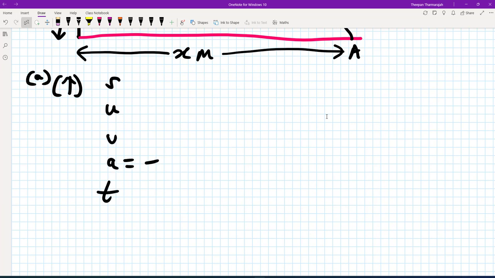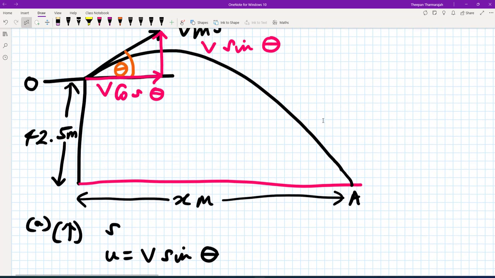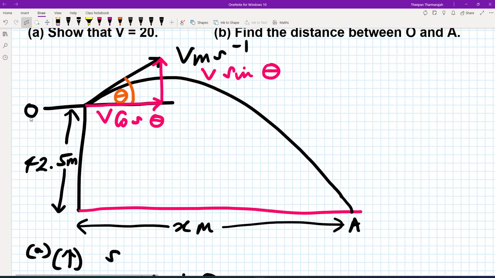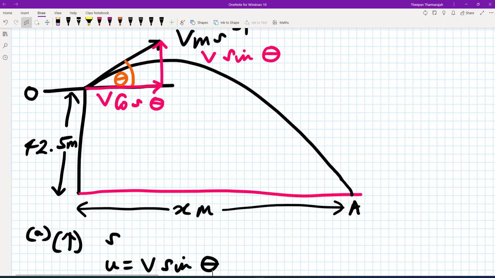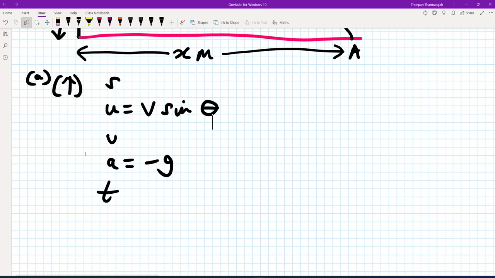So a must be minus g. Now in our case, the initial vertical velocity is v sine theta. Now be careful that it's 42.5 meters below the point of projection, where O is the origin. So that's going to be minus 42.5 meters because it's below the origin. That's important in suvat, especially in projectiles.